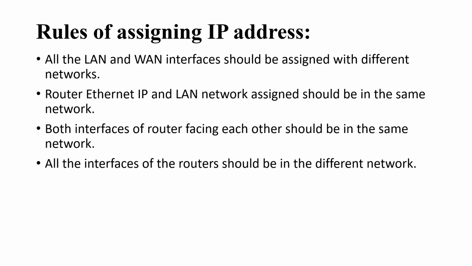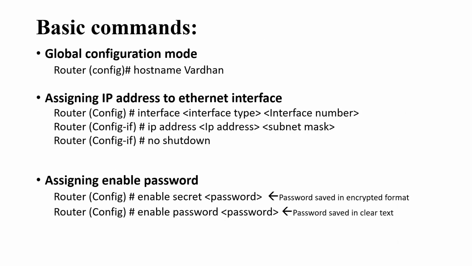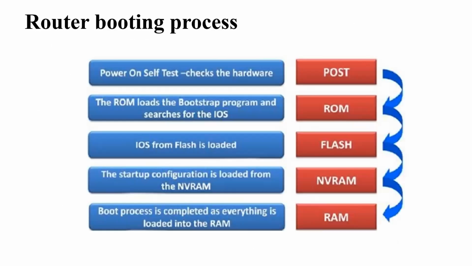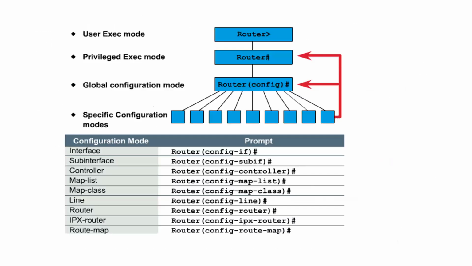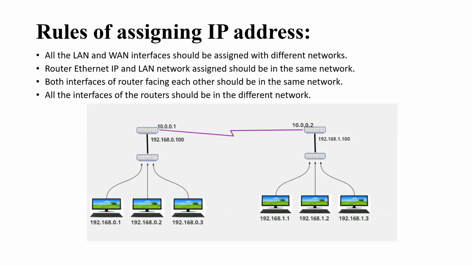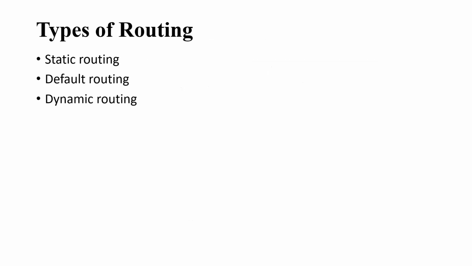We'll go further on the router. Router is the device which is available in the network layer only, because it works based on IP addresses. Once we assign any IP addresses, what are the rules we need to follow? And what is routing? Different types of routing we have.